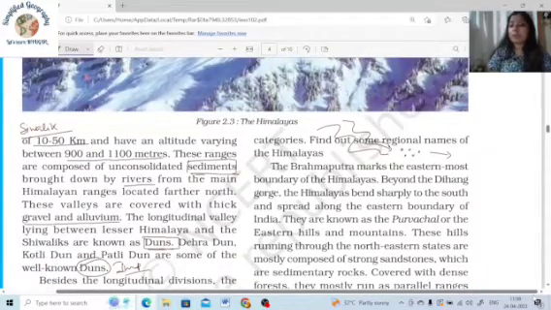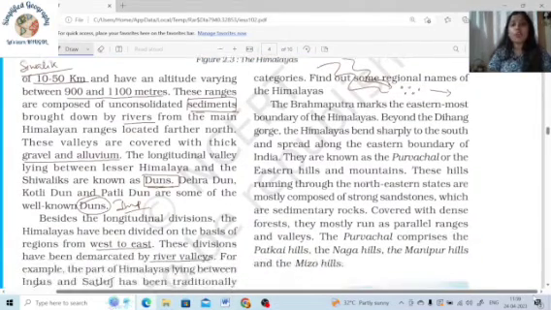The Brahmaputra marks the easternmost boundary of the Himalaya beyond the Dihang Gorge. That means here we are talking about this part of Arunachal Pradesh, where the Tsangpo from Tibet forms and originates.